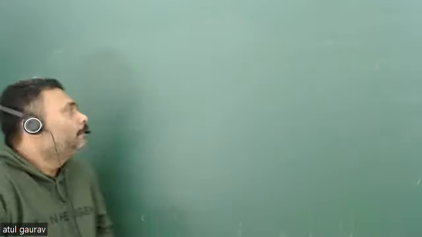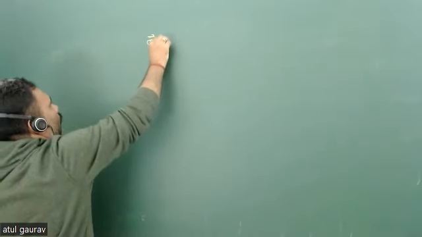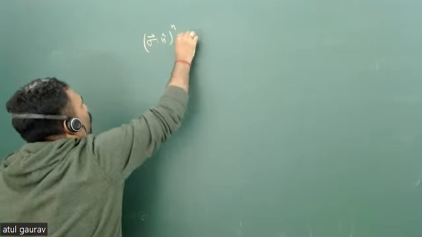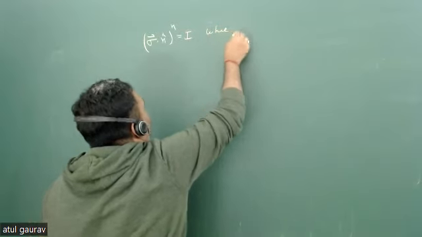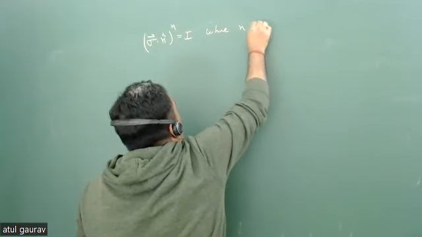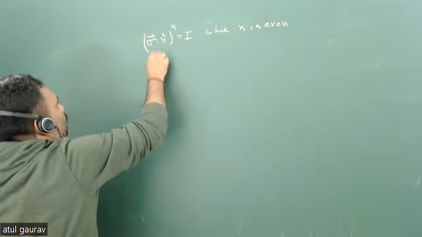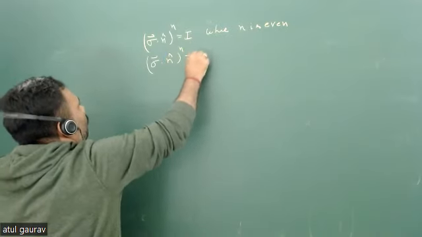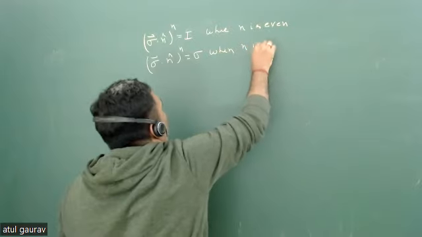So sigma dot n cap to the power n is equal to identity where n is even, and sigma dot n cap to the power n is equal to sigma dot n cap when n is odd.